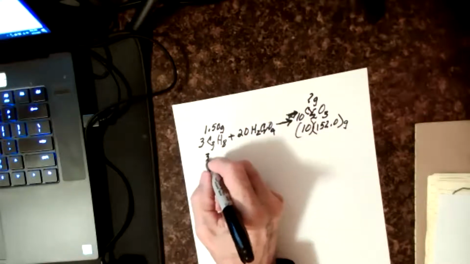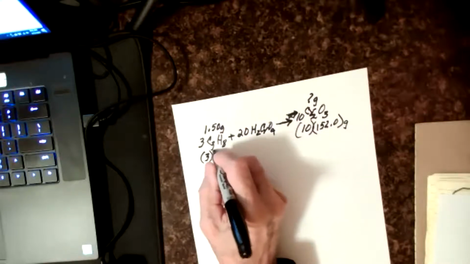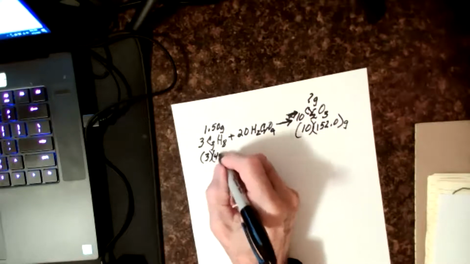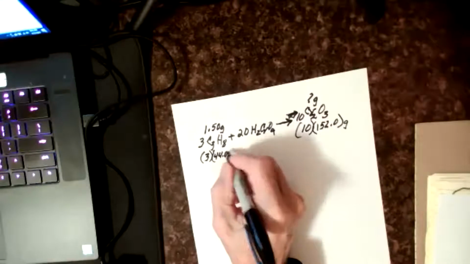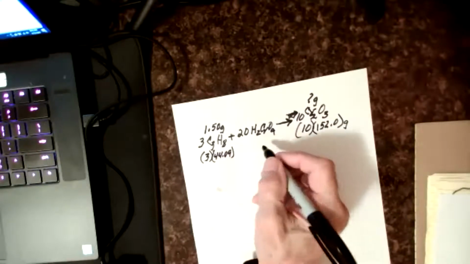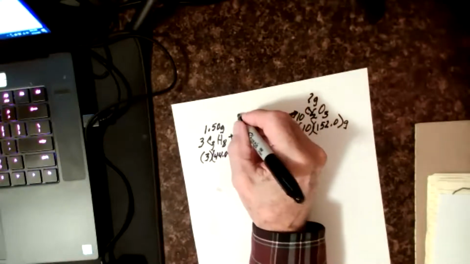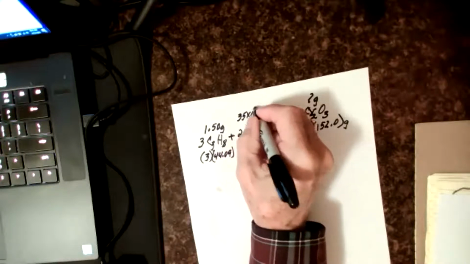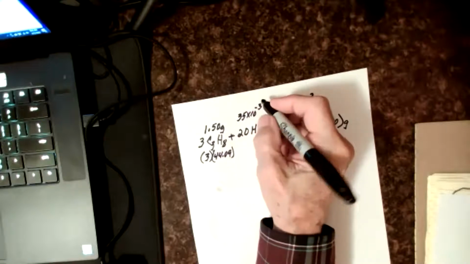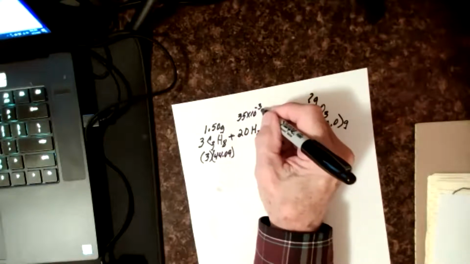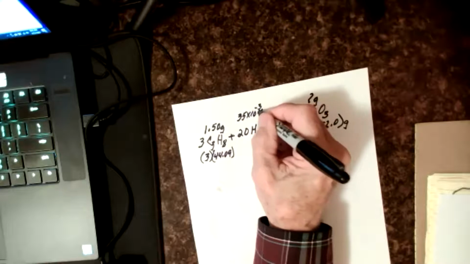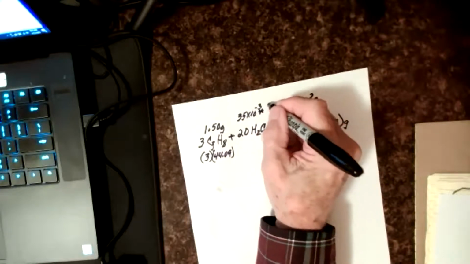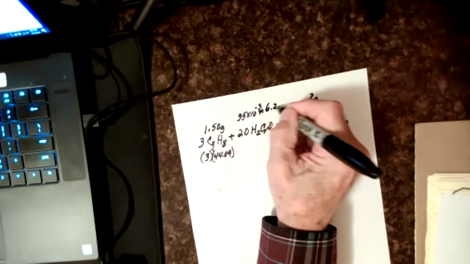The equation is showing 3 moles, and the molar mass of propane is 44.09. And I'm reacting it with 35 milliliters, so I'm going to write 35.0 times 10 to negative 3, and that's the volume in liters, and the molarity is 6.26.